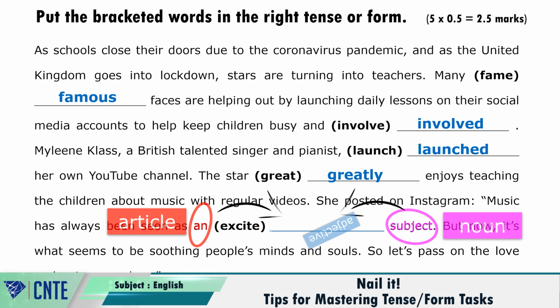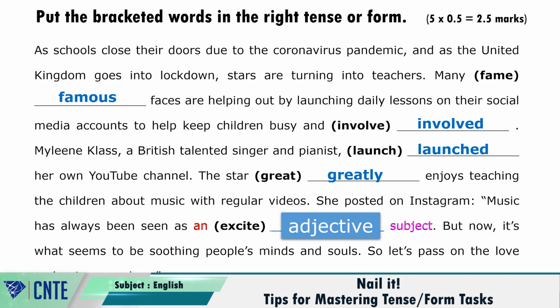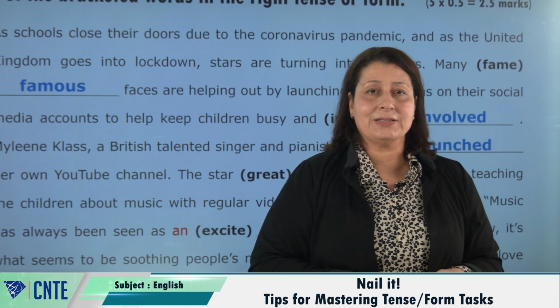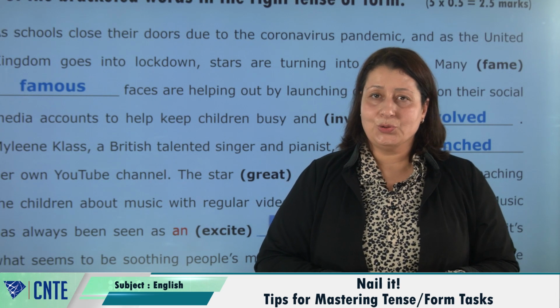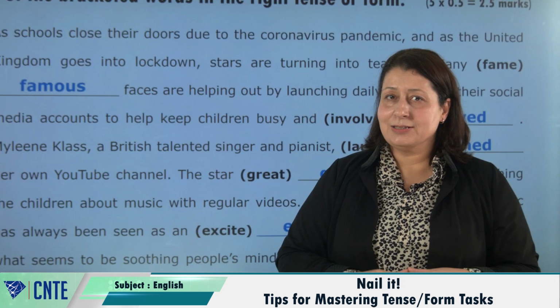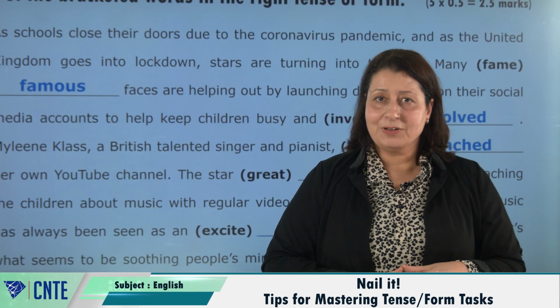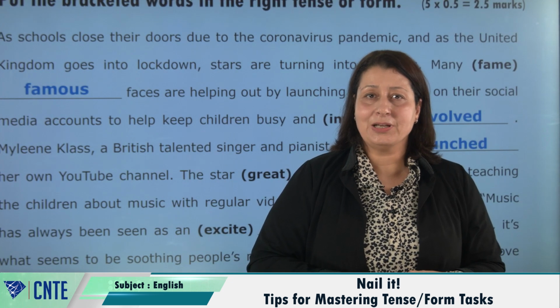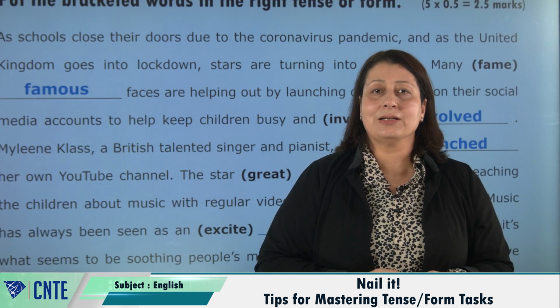We need an adjective to describe the noun. What is the adjective form of the verb excite? Think a bit. Absolutely, it is exciting. Try to read the sentence now and see if it makes sense. Music has always been seen as an exciting subject. Yes, this is meaningful and grammatically correct.